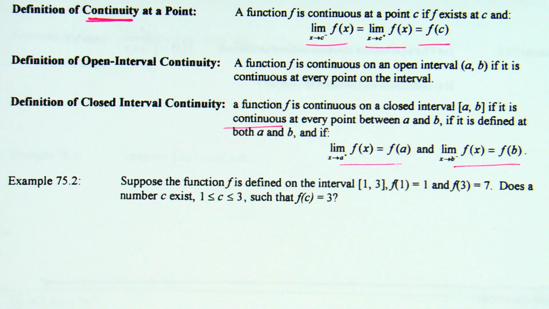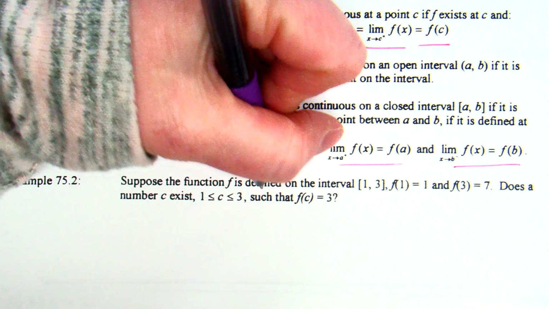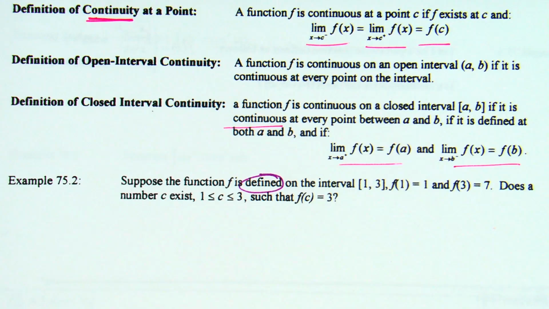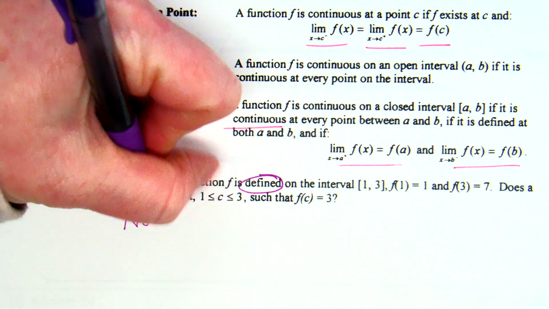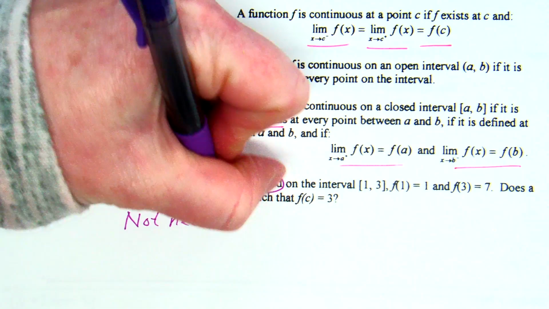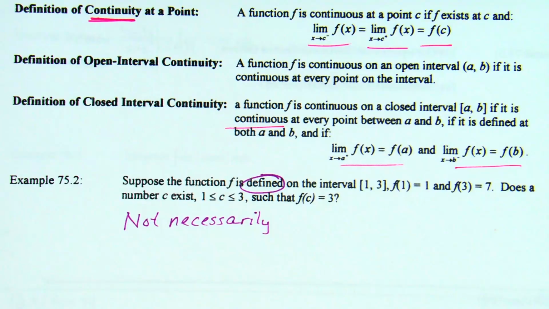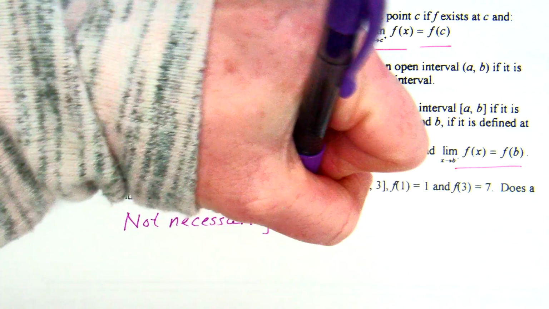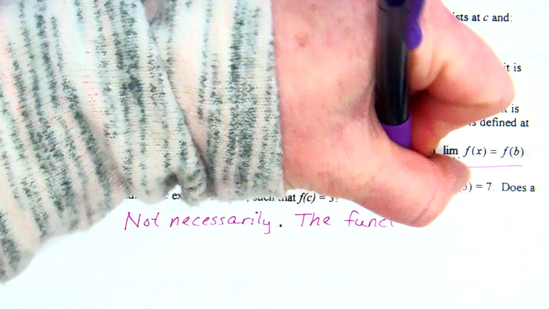Do we know anything about this function and whether it's continuous? No, they didn't give me an equation that I can say, oh yep, that makes sense, that's continuous. They just said, suppose that f is defined. So, does a number c exist? Maybe yes, maybe no. I'm going to say, not necessarily, is my phrasing here. In other words, I'm not going to say no, but the point is, we don't know.